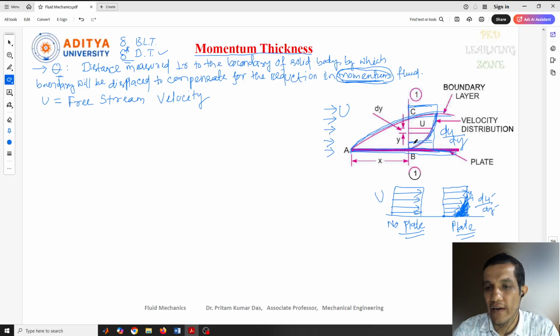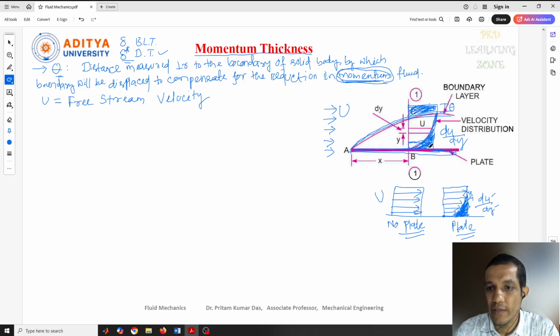Some gap is identified here, so we can shift some distance from this boundary layer. Suppose we have occupied this point. What are the losses that happened? The losses happened in this part, so this should be equal to this part. What is that distance actually? That is nothing but the thickness of this. This thickness is called theta, and that is nothing but the momentum thickness.